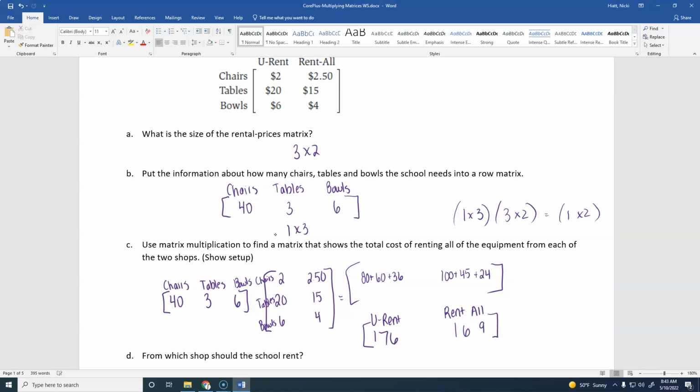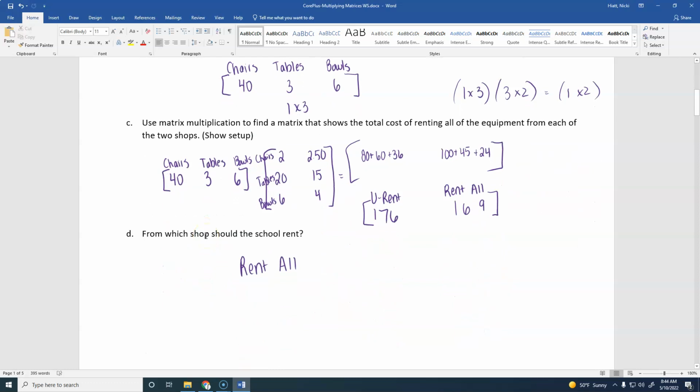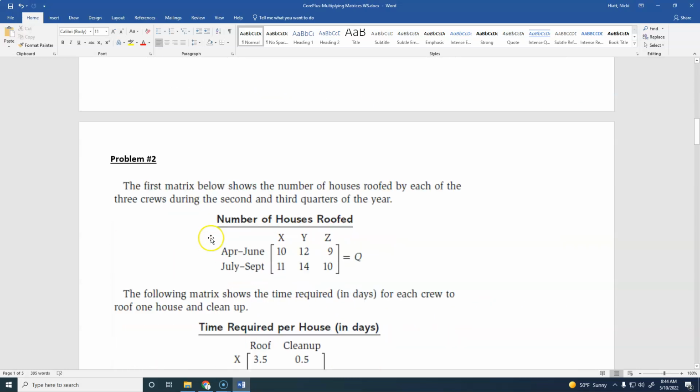So those rows matching those columns is what's going to cause this to work, right? If those don't match, it's not going to help us as far as what we're doing here. So that is the general idea that you're going to use.